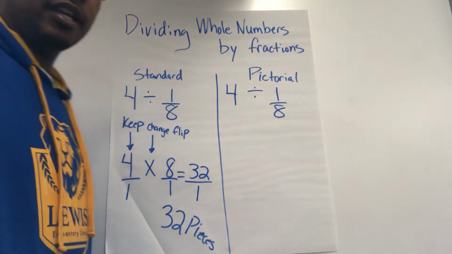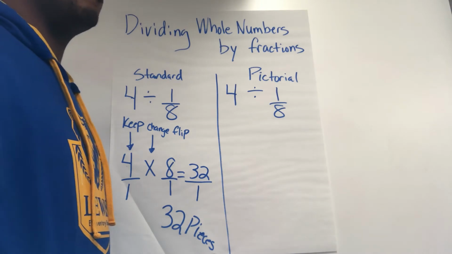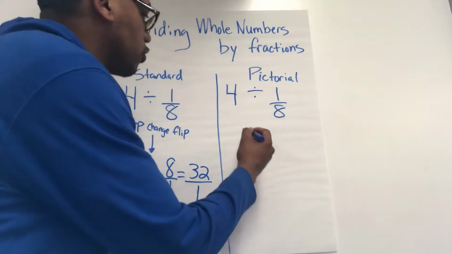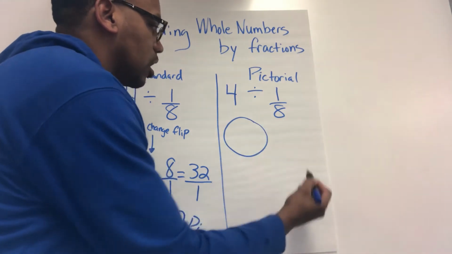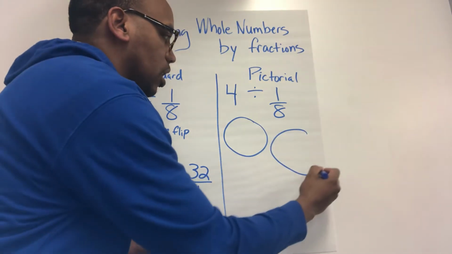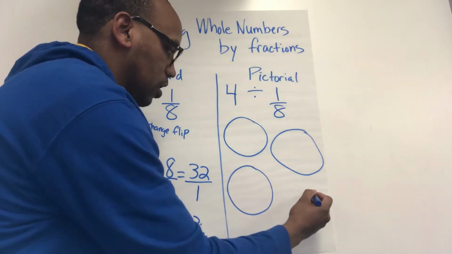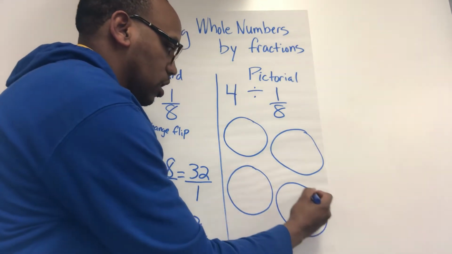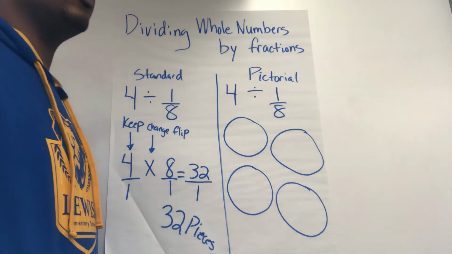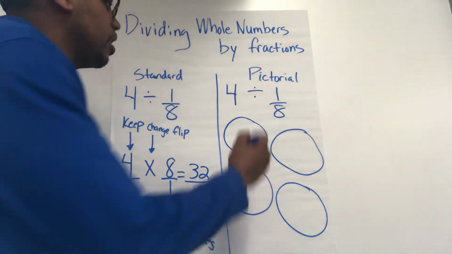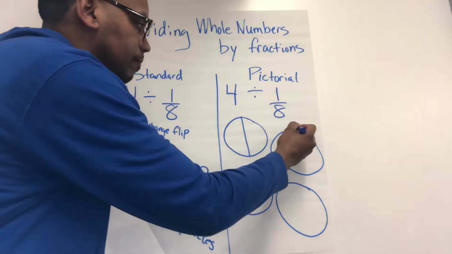All right? Now, this is standard form. Now, in pictorial form, I'm going to draw my actual 4 pies. Now, I'm going to partition the 4 pies into 8ths. First thing I do, I partition them all in half.